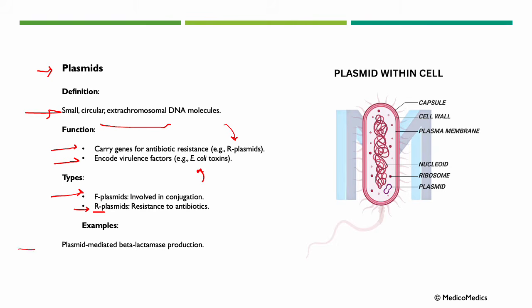Examples include plasmid-mediated beta-lactamase production. This is where bacteria acquire enzymes that degrade beta-lactam antibiotics, for example penicillin or cephalosporins. So this then leads to drug resistance.